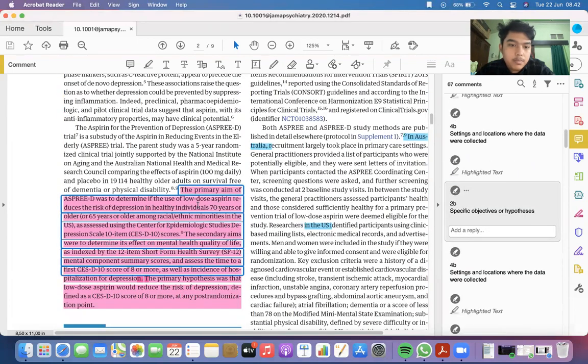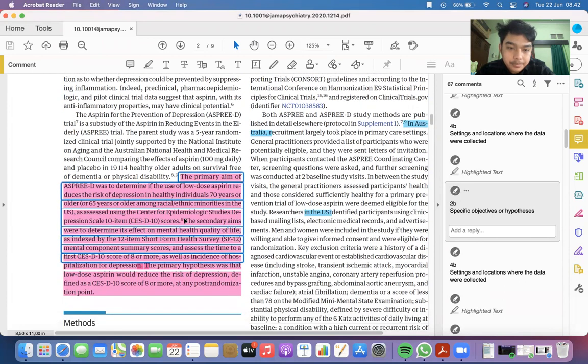The primary aim of ASPREE was to determine if the use of low-dose aspirin reduced the risk of depression in healthy individuals 70 years or older, or 65 years or older among racial or ethnic minorities in the US, as assessed using the Center for Epidemiologic Studies Depression Scale 10-item, or CESD-10, scores.